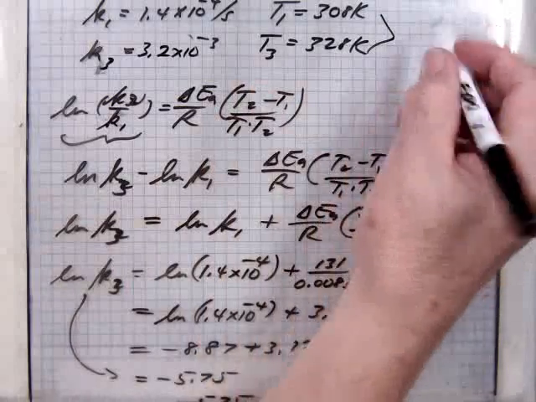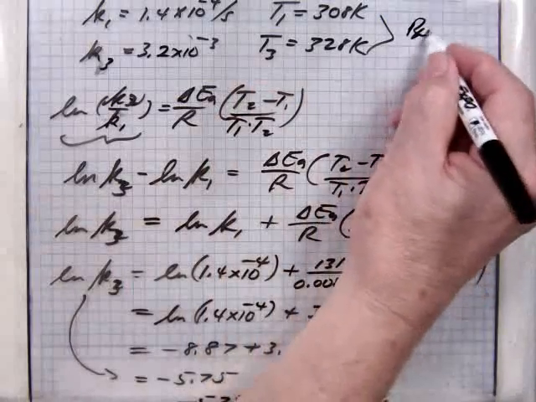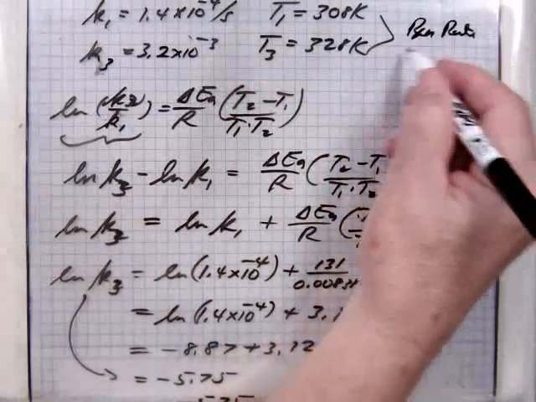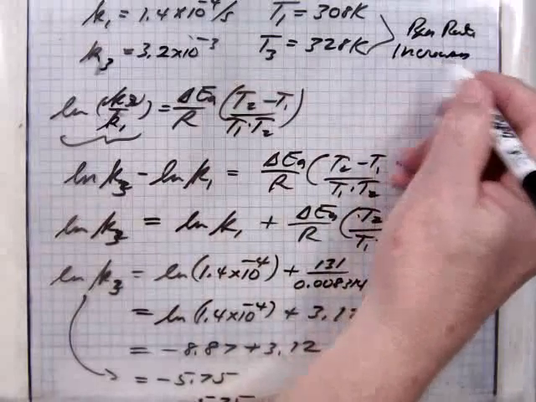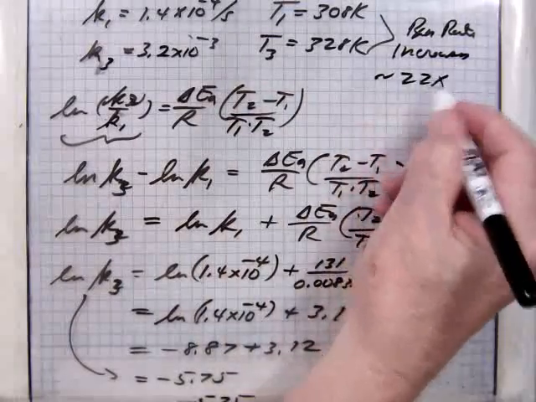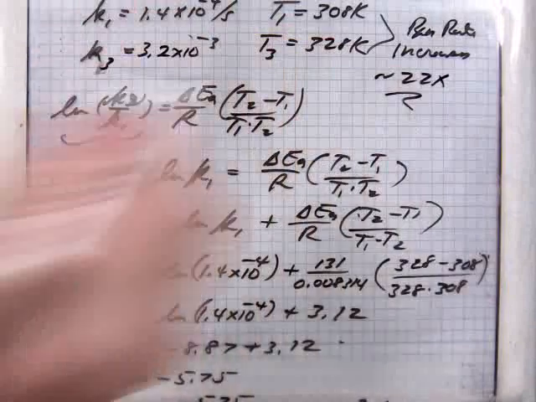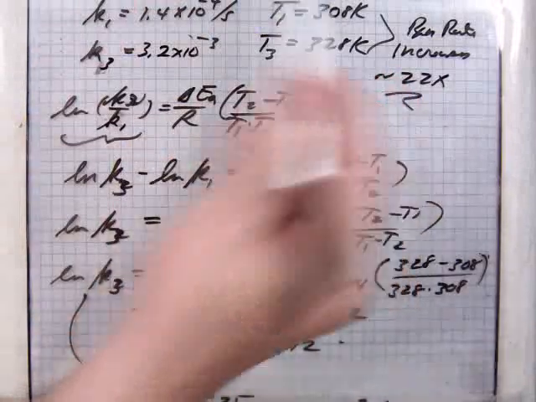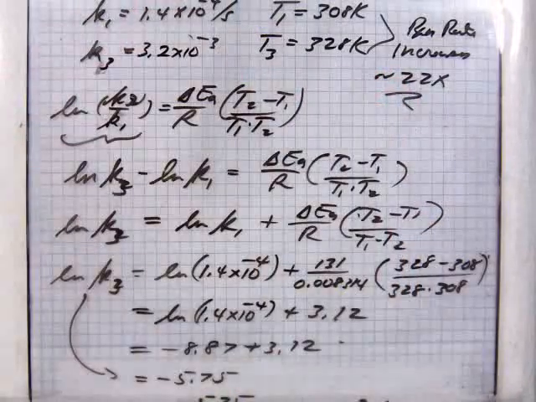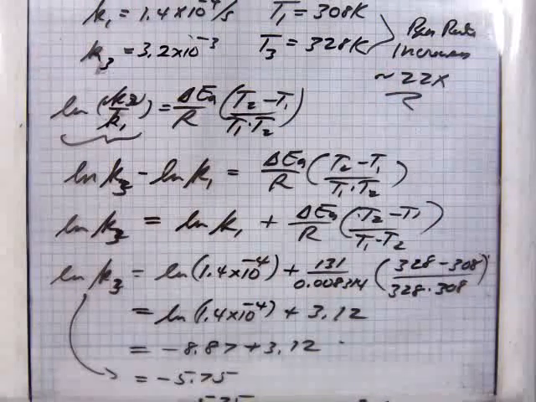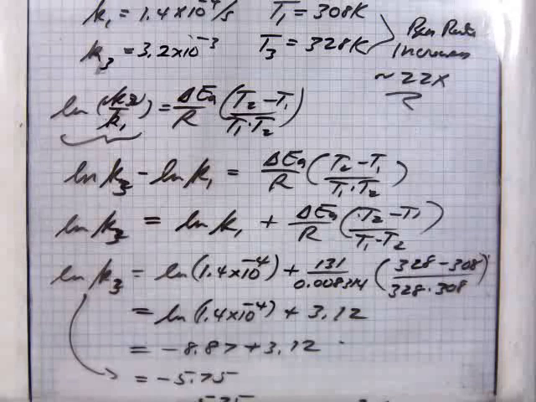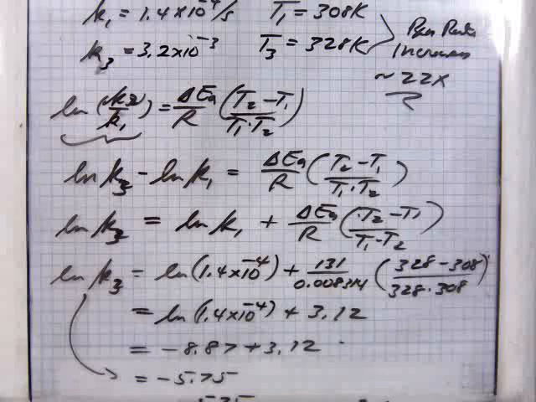So the reaction rate increases about 22 times from 308 K, or 35 degrees, to 55 degrees. So it's a comparative analysis. It's a real widely used analysis if you're comparing how to design your reactors and reaction rates so they achieve maximum output like that.